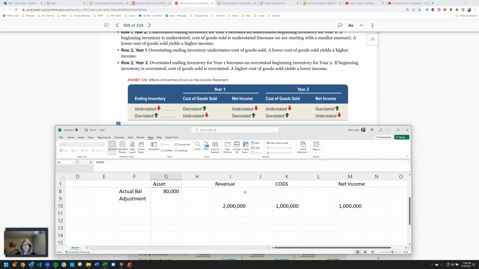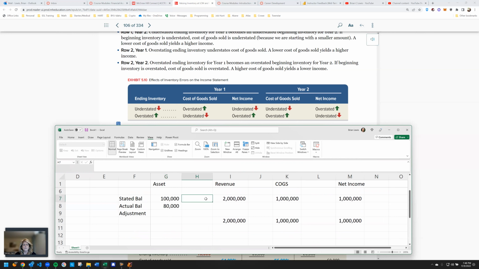So now with the scenario where we want it to be understated, which means the actual balance is 120, let's make it a different number. Now our adjustment is going to have to be 50,000, but we're going to have to do a debit on this one, which means a credit on this one.